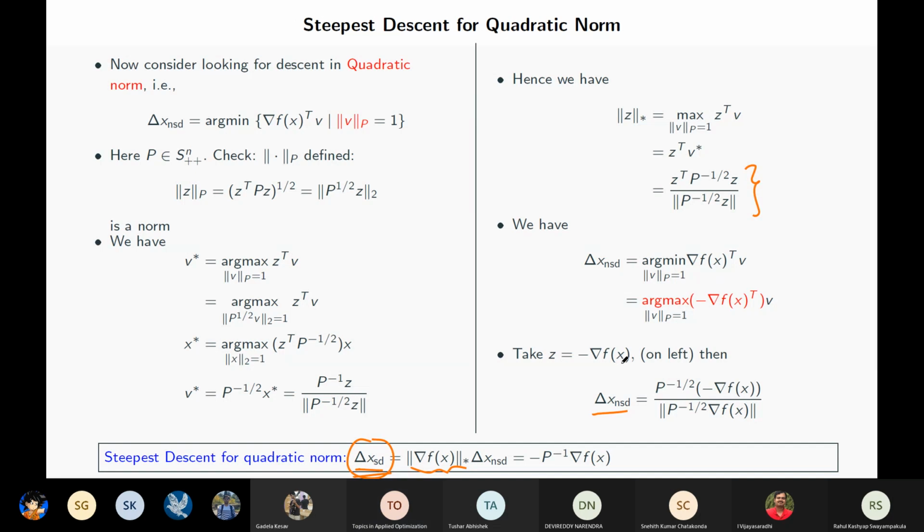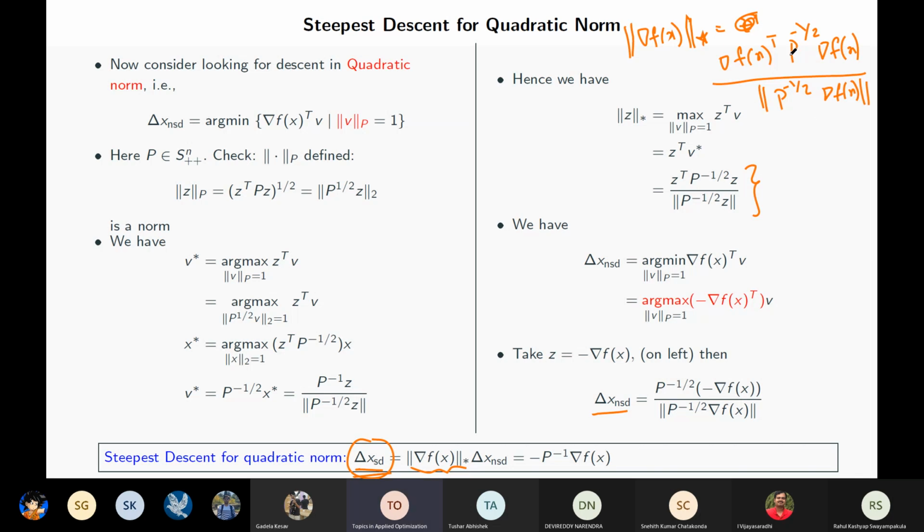In place of Z, what we have to do now is the following: the norm star is, not Z, now in place of Z we have grad fx transpose p minus half grad fx divided by norm of p minus half grad fx.